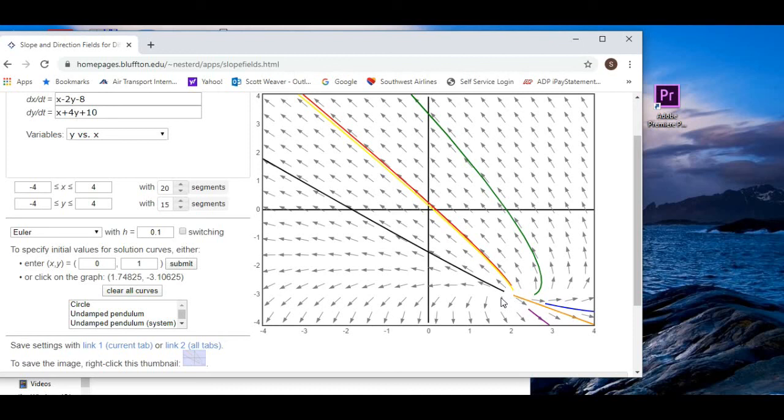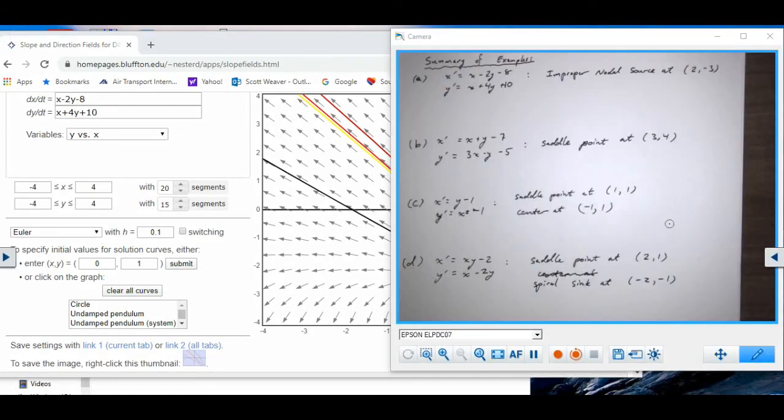If you look, all of the solutions end up going parallel to this direction, so this would be one of the eigenvectors. And then as they get in closer to the equilibrium, they are all going this way, which is the other eigenvector. So an improper nodal source at 2, -3. Check.